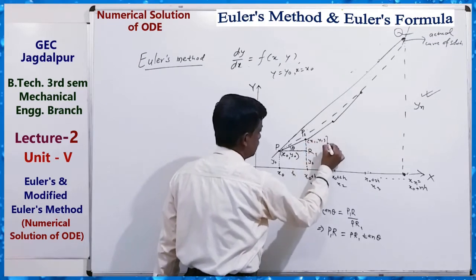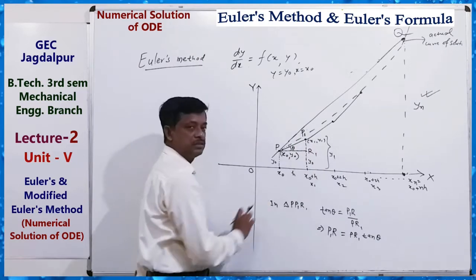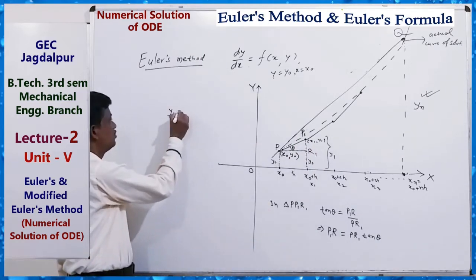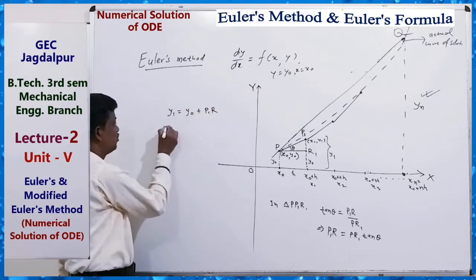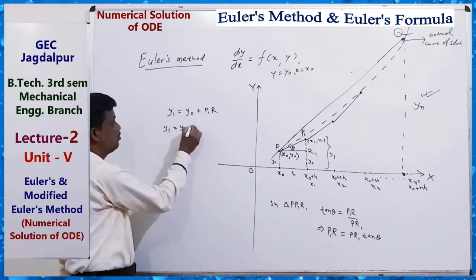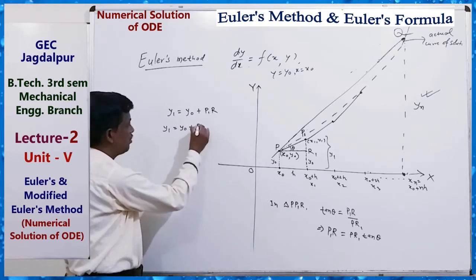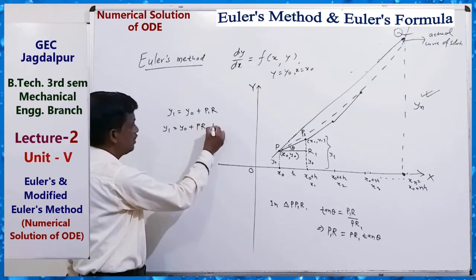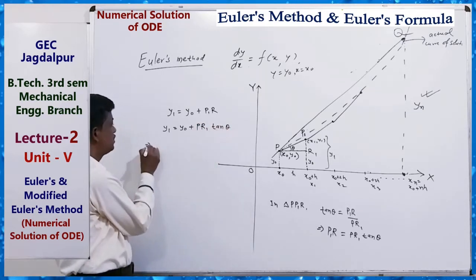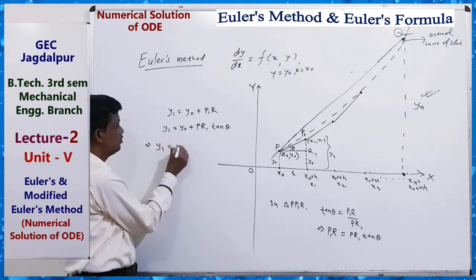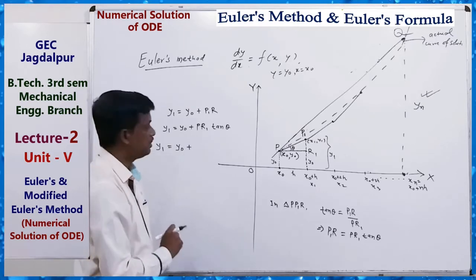This is y1. So y1 equals y0 plus this. So y1 equals y0 plus P1R, which means PR1 tan theta. And this y1 equals y0 plus PR1.